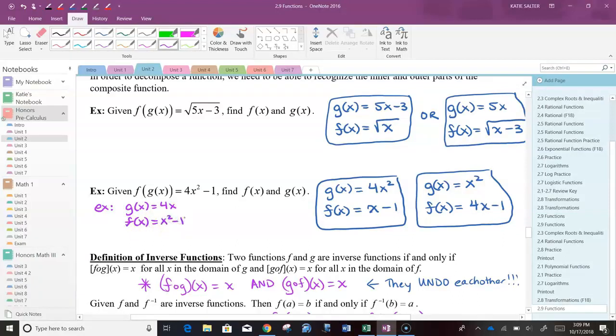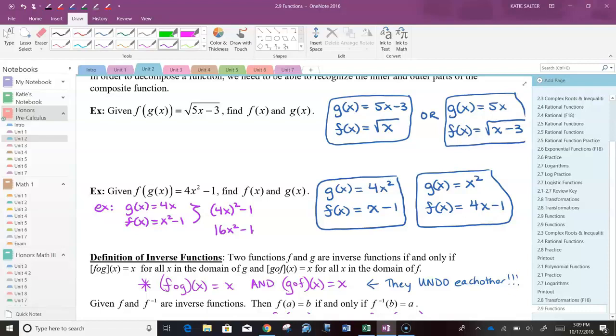This is why you should actually check it and compose your function back. If we were to substitute 4x in for x, that would have given us 4x squared minus 1. And when we clean that up, that would have been 16x squared minus 1, which is not equivalent to 4x squared minus 1. So when we decompose functions, always check them.